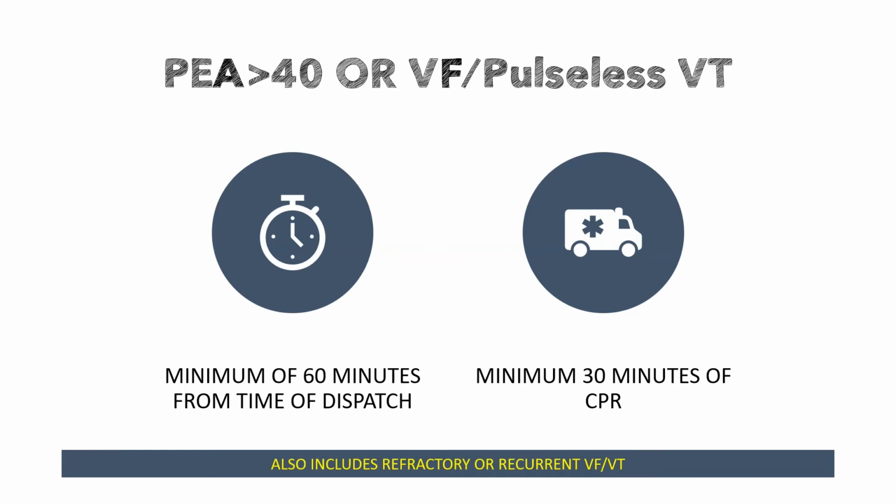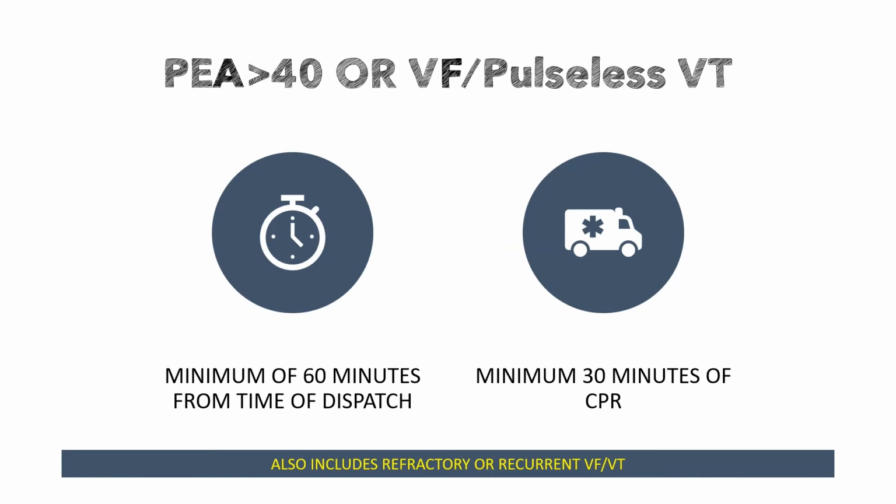And I understand this is a little confusing. What if they have an initial VFib and then they don't have VFib after the first shock and you never get it again? Or what if they're in VFib, then they go into PEA, then they go back into VFib? This includes those cases, the refractory or recurrent VFib or VT.